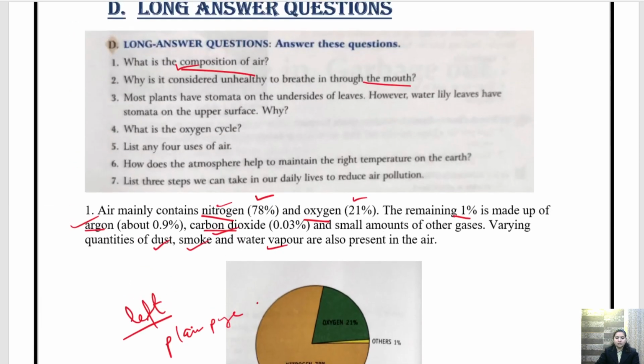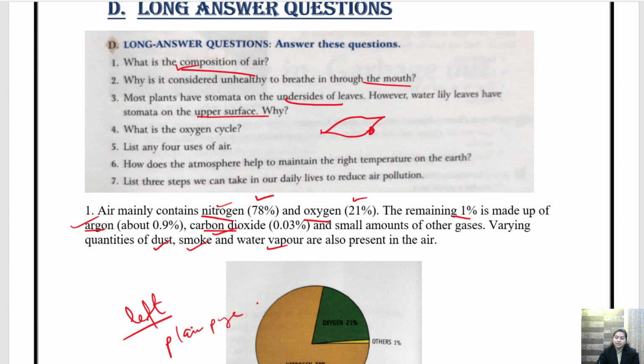Now next question, question number 3. Most plants have stomata on the underside of the leaf. Underside means that if this is a leaf, it is present behind it. However, water lily leaves have stomata on the upper surface.